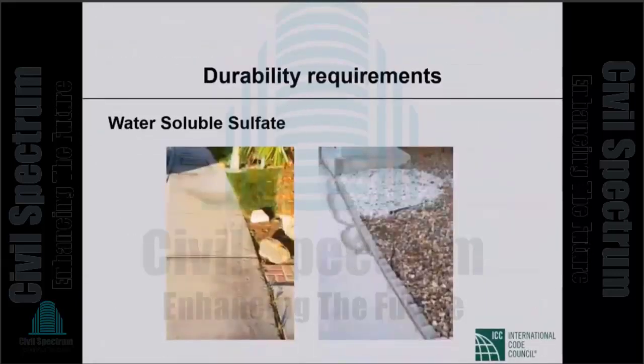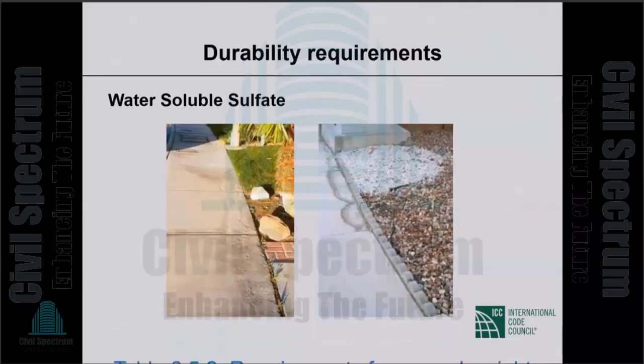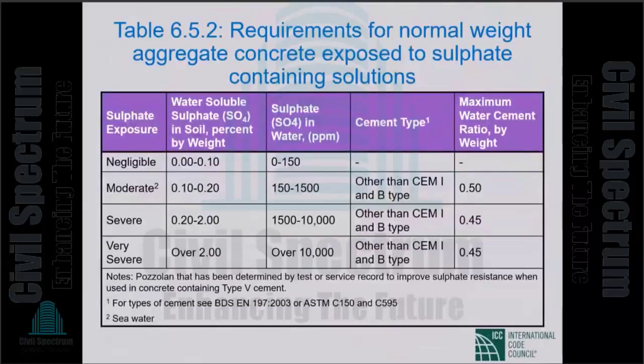Okay, we talked about water tightness, we talked about corrosion resistance, now sulfate resistance. So this is a BNBC table. The number is 652. Requirements for normal weight aggregate concrete exposed to sulfate containing solutions.